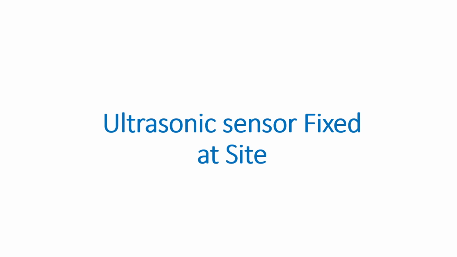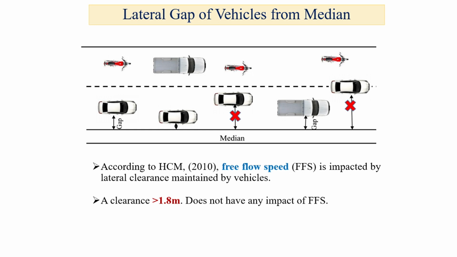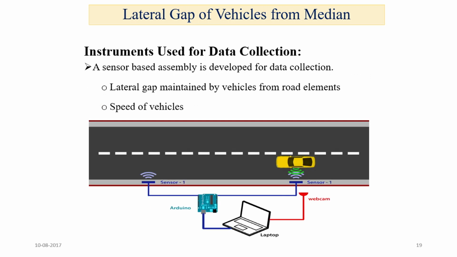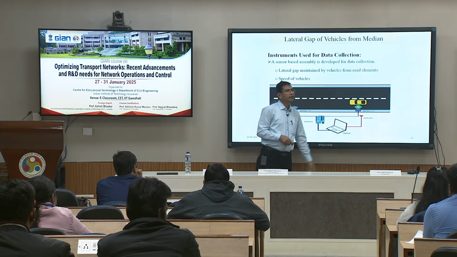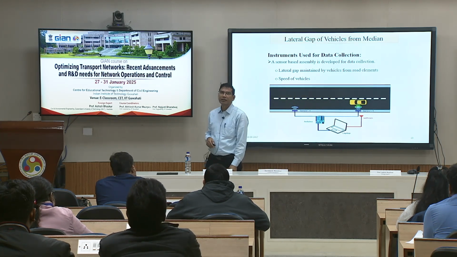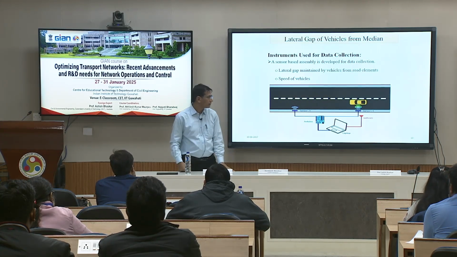Okay. Then another experiment where the ultrasonic sensor was fixed at the site. This was used to study how much lateral clearance a vehicle maintained from maybe the divider or maybe the shoulder side. So this setup was like this. You had one ultrasonic sensor here, then another at a known distance, around 20 meters, there was another ultrasonic sensor, both were connected, and apart from the sensors, we had a webcam also.